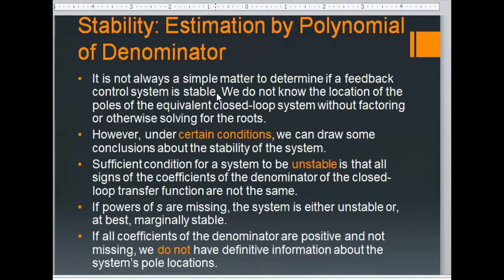You can get some hints whether your system would be stable, unstable, or maybe marginally stable, just by looking at the denominator polynomial of the transfer function that you have.